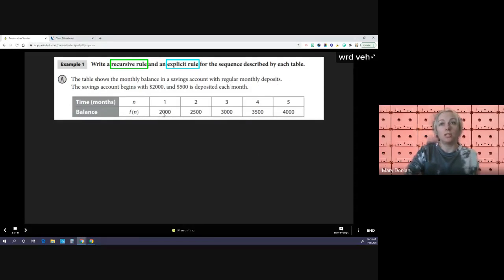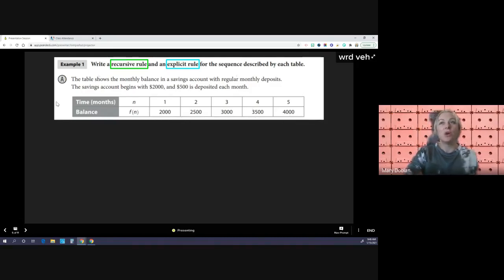Okay, so if you look at this, you can figure out how much they're depositing every month. And the savings account begins with, they're telling us we're starting with $2,000. That's why at month 1, we have $2,000. And the same amount, $500, is being deposited each month. So we're increasing by $500 each month.